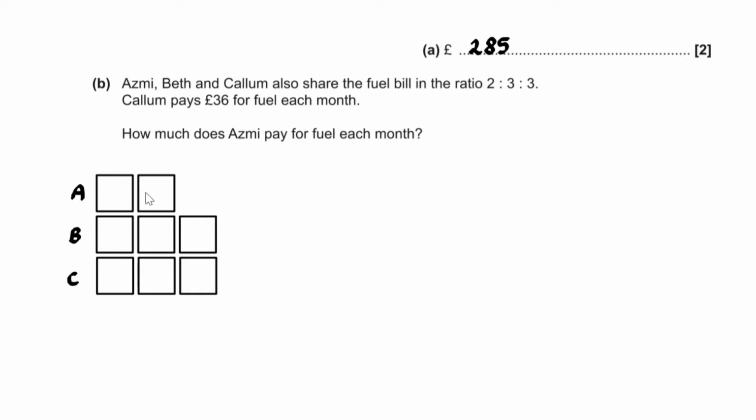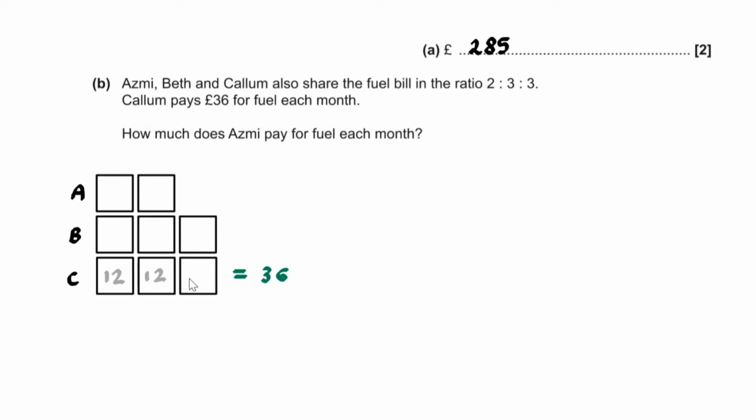Well, here is a bar model, again representing the ratio 2 to 3 to 3. What we know so far is Callum pays 36. So the total for Callum is equal to 36. We want to find out how much Asmi pays. We can first of all find out what each box is worth. 36 divided by 3 is 12.